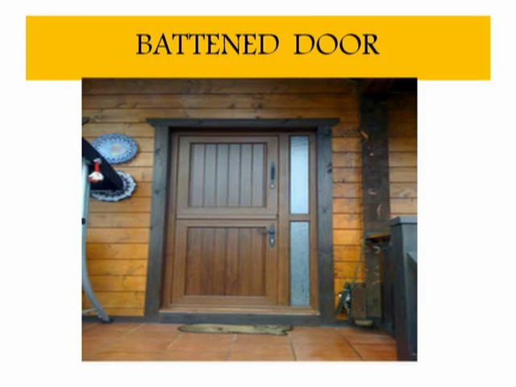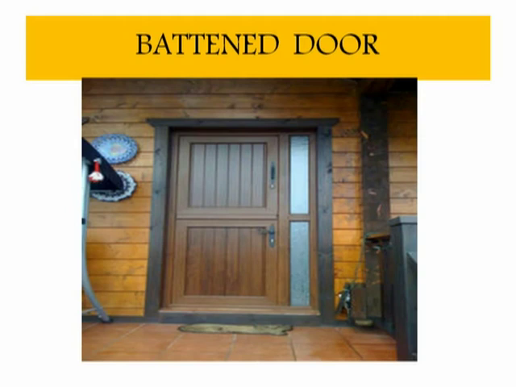This picture shows the battened door. Here the vertical wooden battens are clearly seen in the shutter of the door, and on the side of the door a glazed ventilation part is also constructed.